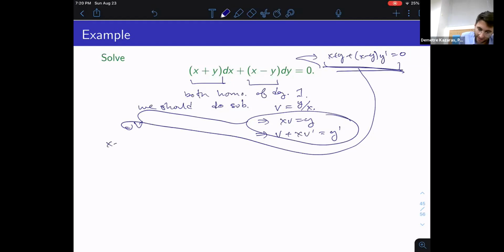Okay, so I got x plus y, which is xv, plus x minus y, which is xv, times y prime, which is v plus xv prime. That's supposed to be 0. All right, now let's simplify things a bit. It looks like we have a common factor of x, so we can divide everything by x. We get 1 plus v plus 1 minus v times v plus xv prime is equal to 0.